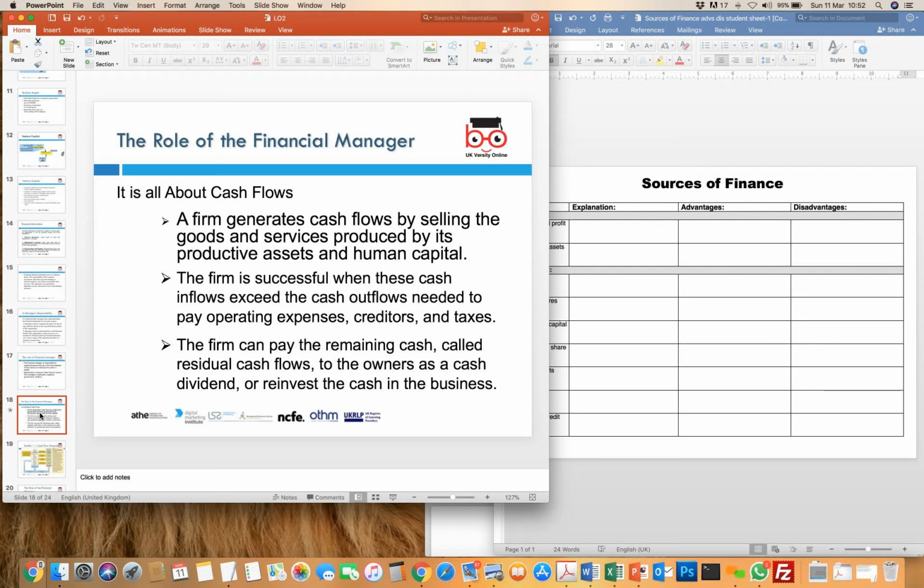Now, the business which is able to sell more of its products and services on a daily basis is able to generate more cash, because when you sell a product, you get some money coming in. So, for example, if you go to a grocery store and buy a few products, you can't just walk out from the grocery store without paying for whatever you bought from that store.